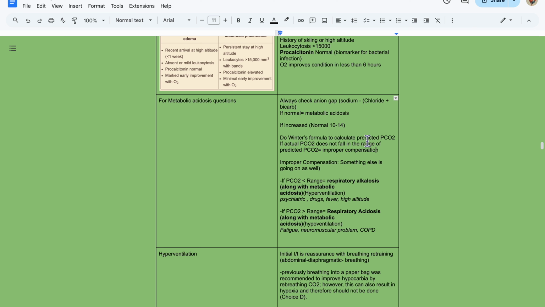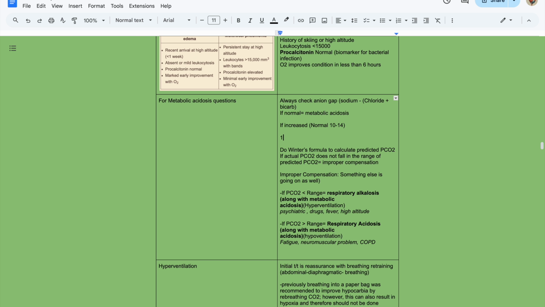Okay, the Winter's formula is 1.5 times the bicarb levels plus 8, and then plus or minus 2. So this is the range.